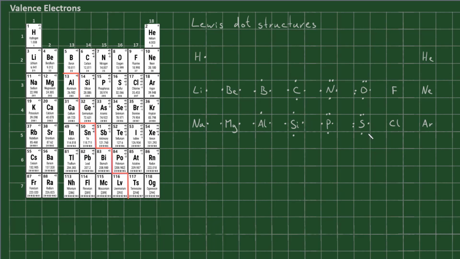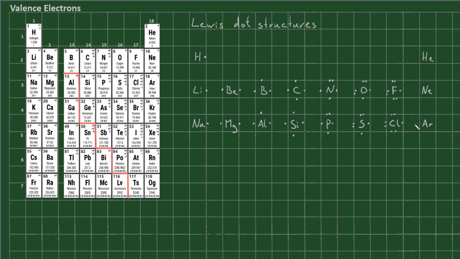Moving on. When it comes to halogens, I have 7 valence electrons. 1, 2, 3, 4, time to pair up, 5, 6, 7. So now I have 3 pairs and 1 single electron. The same is true for chlorine, so I'm going to quickly do that as well, 3 pairs and a single electron.